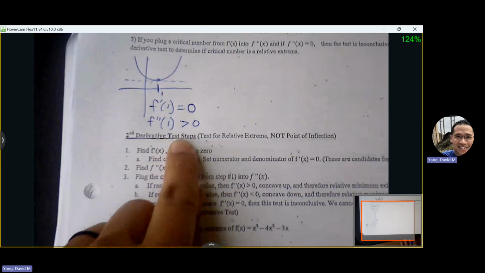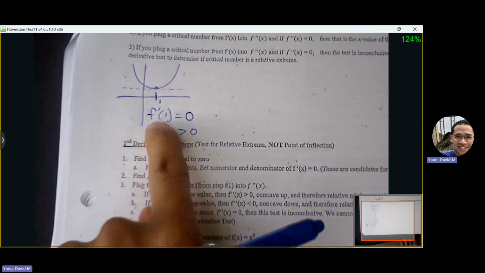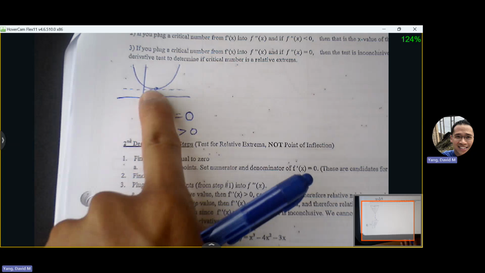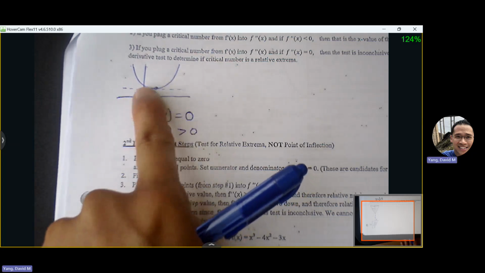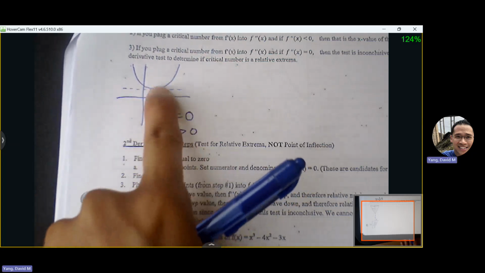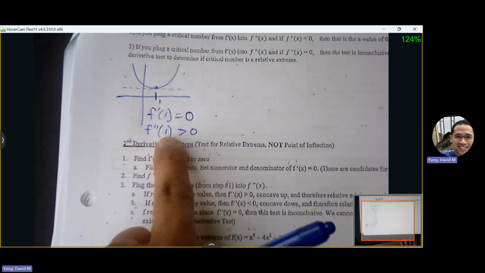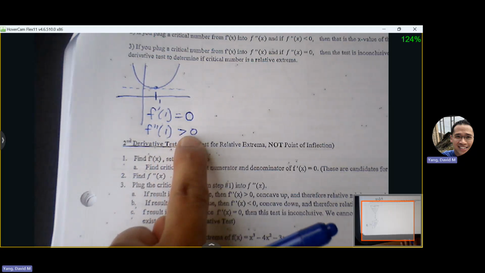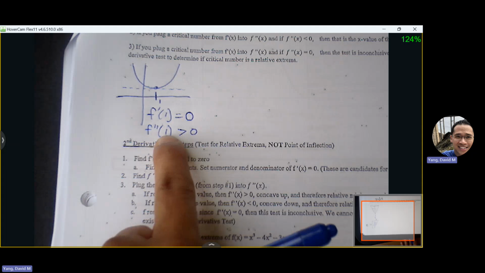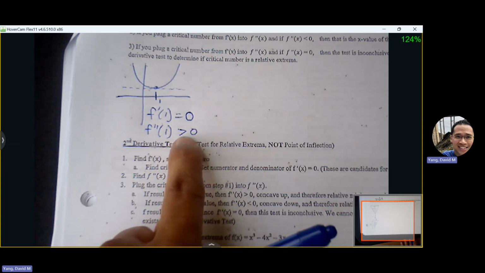So here's the big idea. If my slope at that point is 0, without looking at any other slopes around that point, and I know this point is part of a concave up graph, meaning that if I plug a 1 into the second derivative and get a positive number, then that must show me that it's a concave up graph.